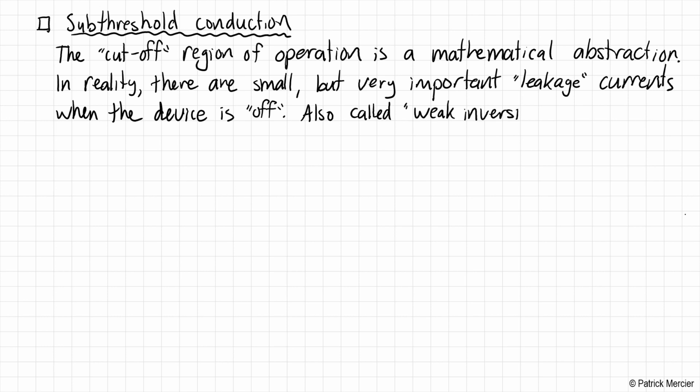And the name is effectively as it implies, where the channel is not fully inverted, i.e. VGS is not large enough to invert the channel, and so it's not larger than VT.